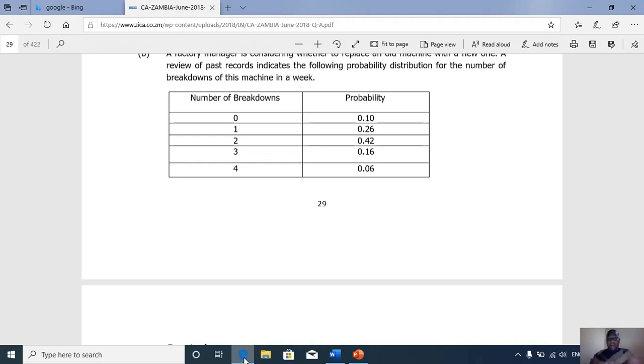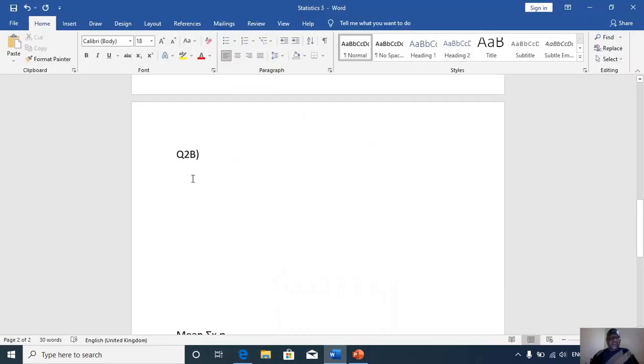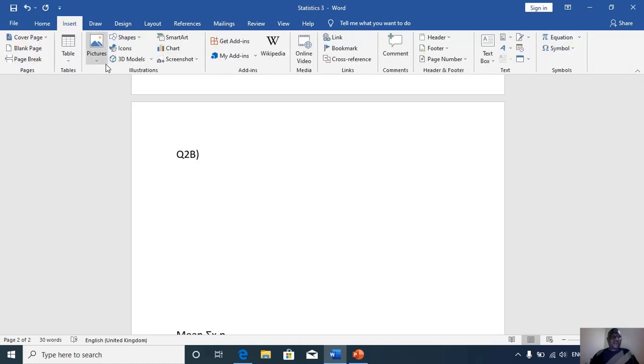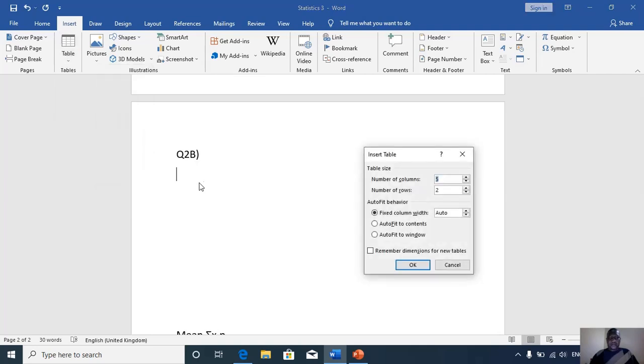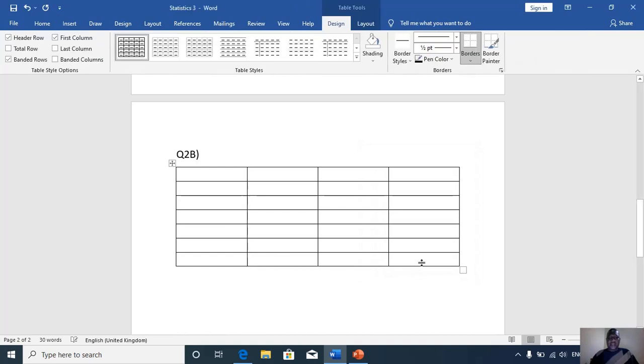So we need about 4 columns for us to be able to calculate those summations. So I'll insert a table that has 4 columns in it. The number of rows depends on the number of values you're given, of course.